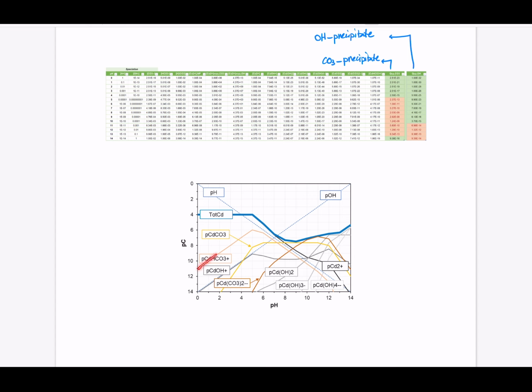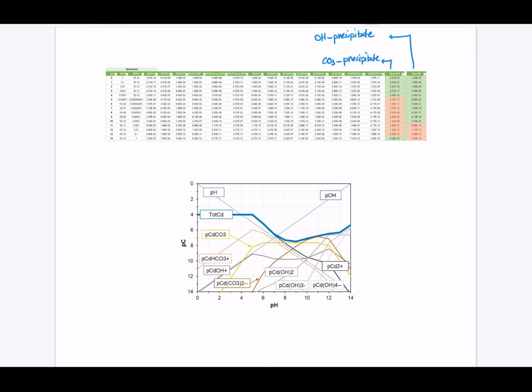For example, for this one, it's all about the competition of the complexing agent, whether it's participating in the complexation reaction and precipitation. So many things are happening behind the scene. This would be the total cadmium concentration in your system. So if you do, for example, ICP, this is the value you get at pH 7, combining all the species together.